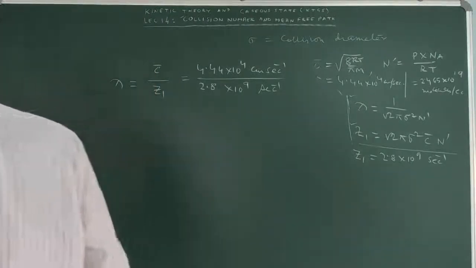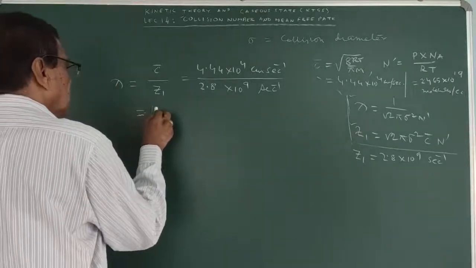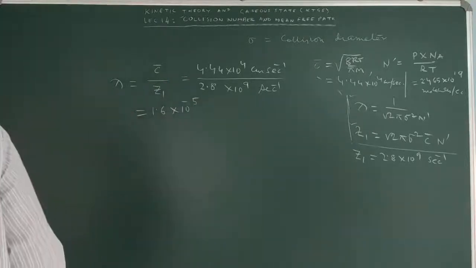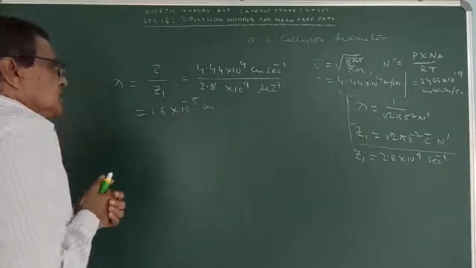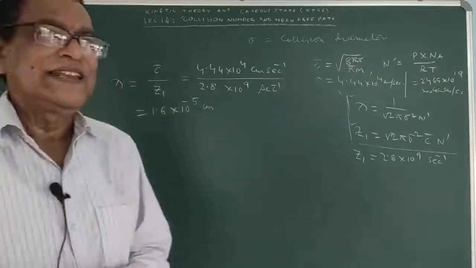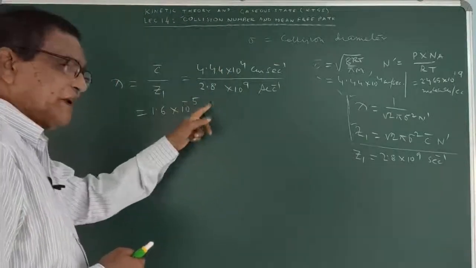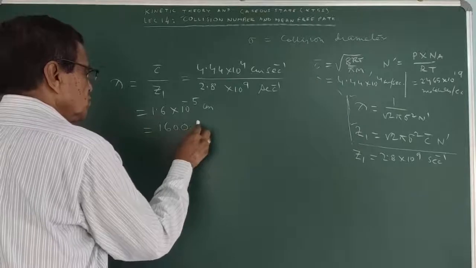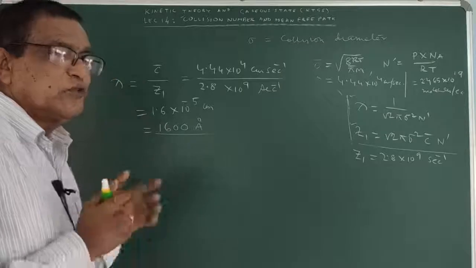So you can see the lambda value will come up to 1.6 into 10 to the power minus 5 centimeter. Or if you do it in angstrom units, it is multiplied by 10 to the power 8, which gives you 1600 angstrom, the value of lambda.